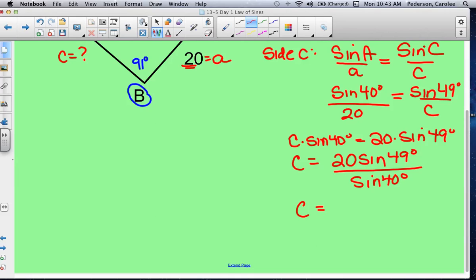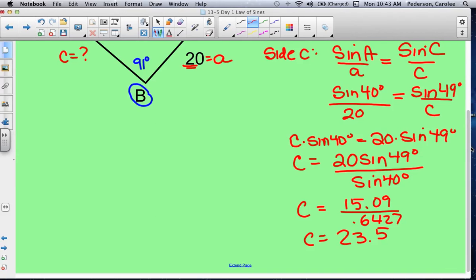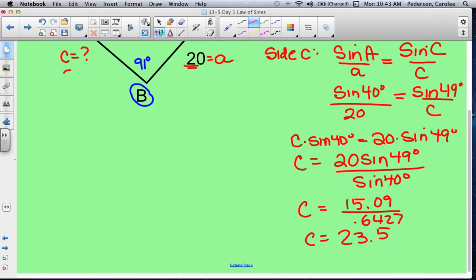Now you need to use your calculator. 20 times the sine of 49 degrees is 15.09. The sine of 40 degrees is 0.6427. And now divide those two numbers. C is approximately 23 and a half. We'll just round it to the nearest decimal place there. So we'll go back up to our picture and identify that as 23.5.